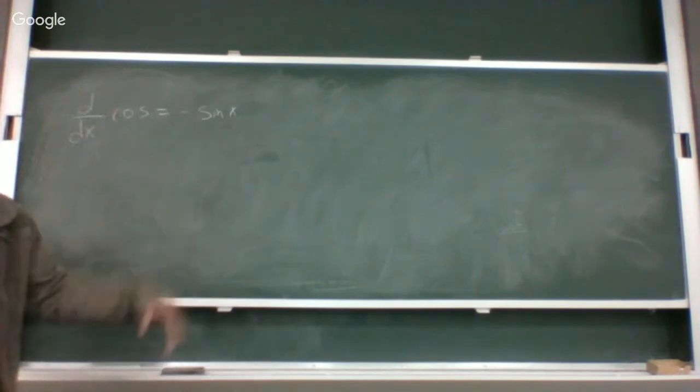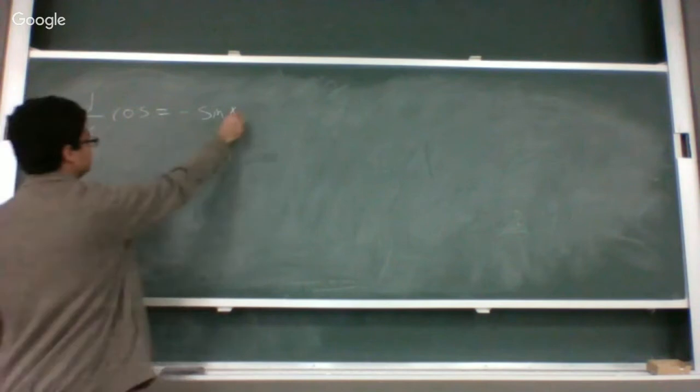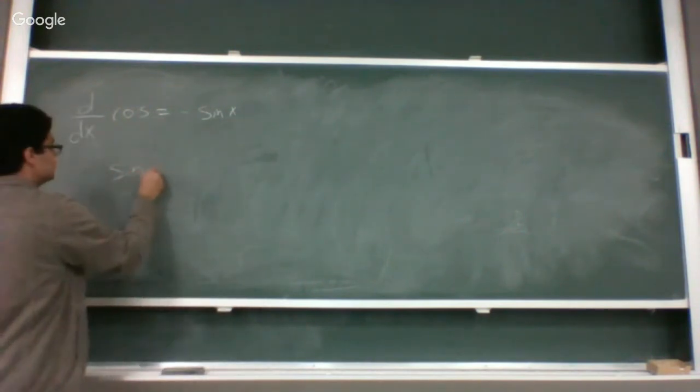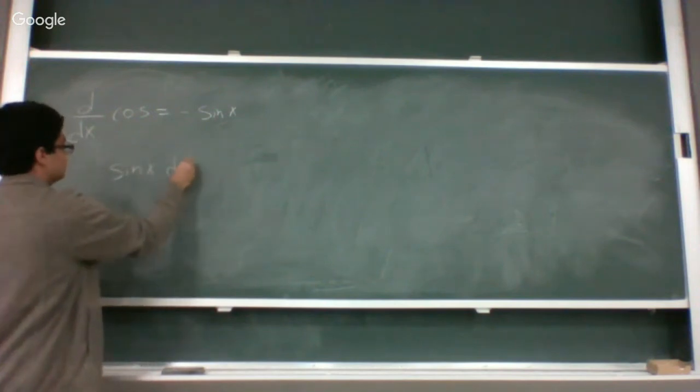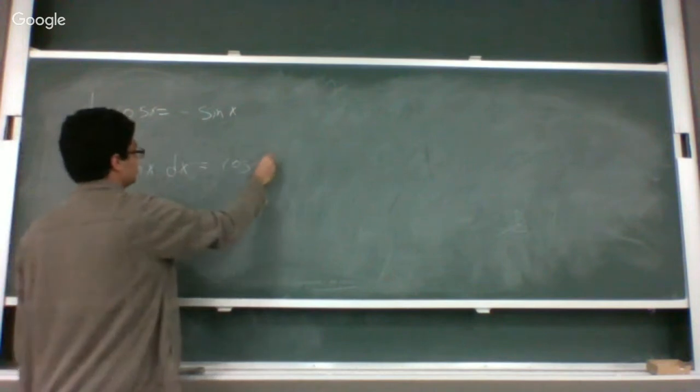You asked me about the notation earlier. I'll just kind of throw it to you. We multiply dx across, okay? So we have the derivative of sine of x times dx equals cosine of x.